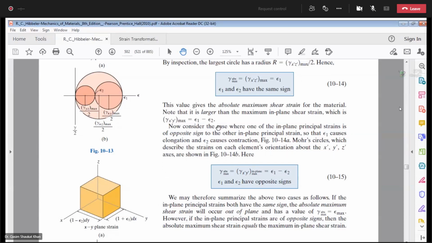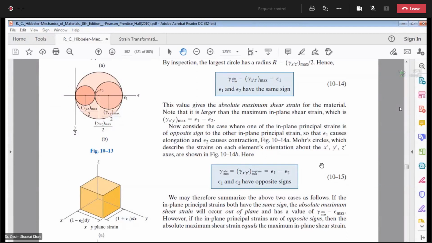Now consider the case where one of the in-plane principal strains is of opposite sign to the other, so that epsilon 1 will cause elongation. Remember one thing, epsilon 1 will always be the larger strain. So when one is positive and one is negative, epsilon 1 will be positive, epsilon 2 will be negative, because it will result in the contraction.